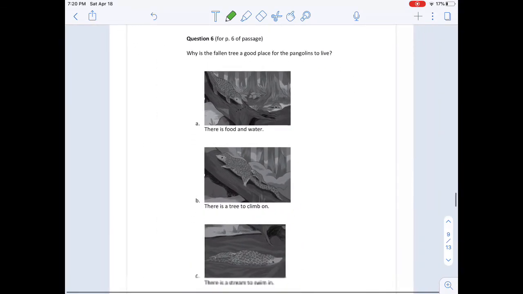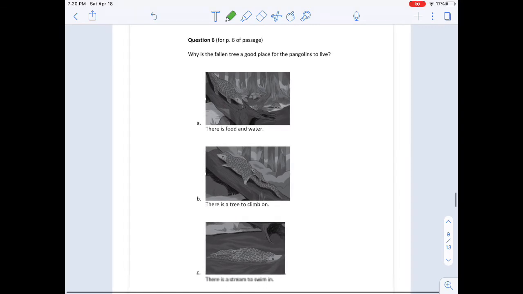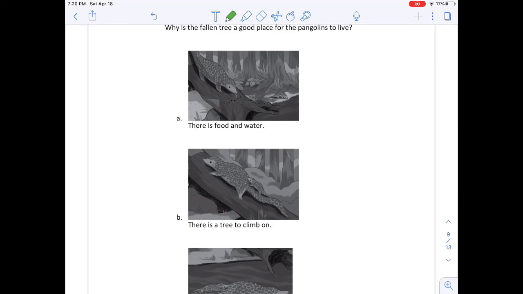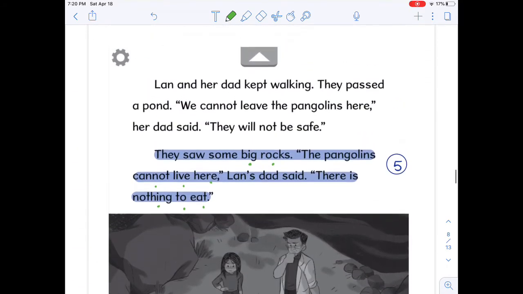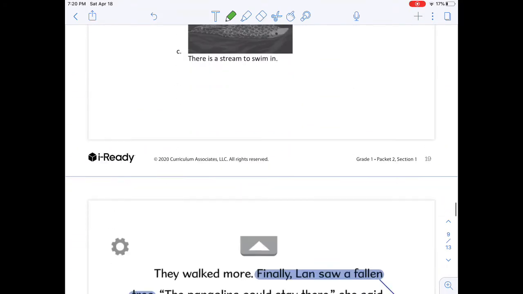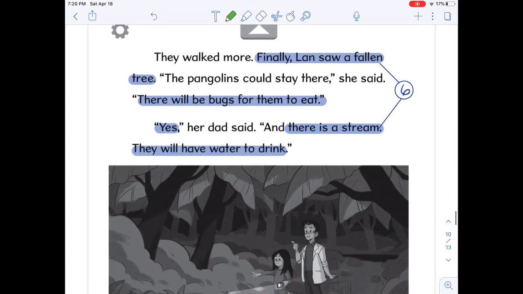Number 6. Why is the fallen tree a good place for the pangolins to live? Finally, Lan saw a fallen tree. "There will be bugs for them to eat."